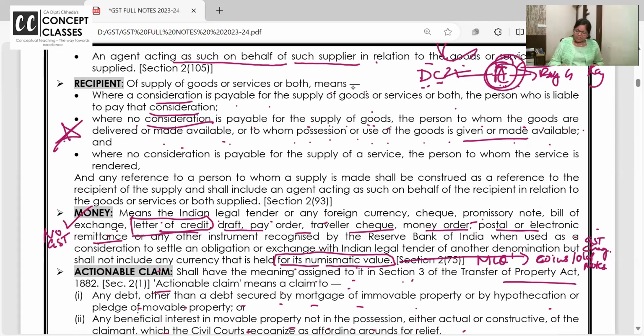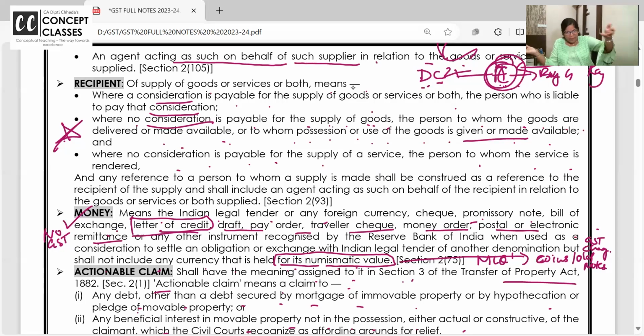And where no consideration is payable, the person to whom service is rendered, that is also the recipient. I am giving the service now. Am I taking any consideration? No. Then who are the recipients? All the students who are taking this knowledge and performing super well in the exam. So these are categories. Ultimately, who is the recipient?